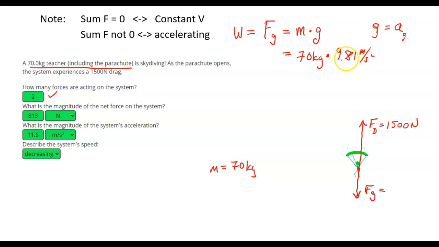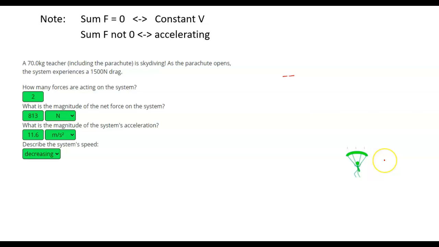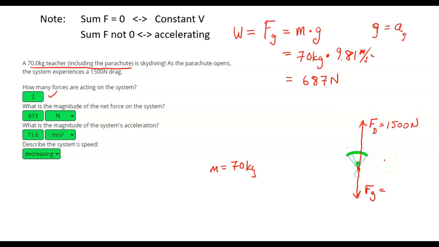If we plug that into a calculator, we get 687. So I just paused and used the calculator. So that comes out to be 687 newtons of downward gravitational force.